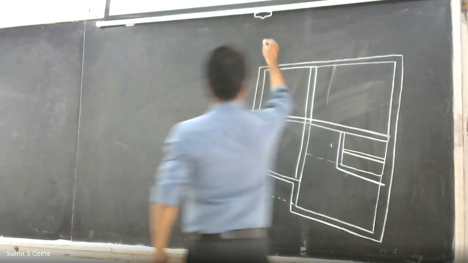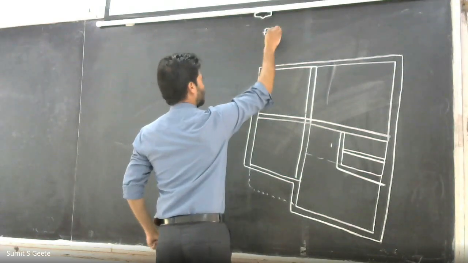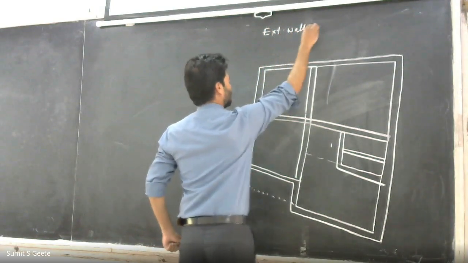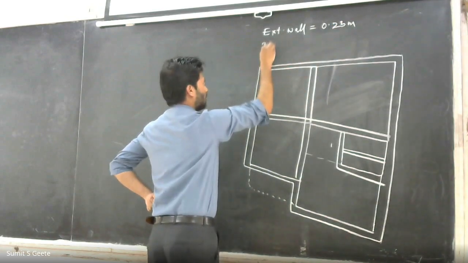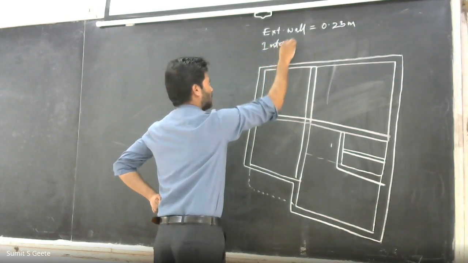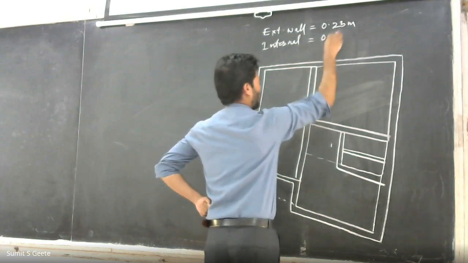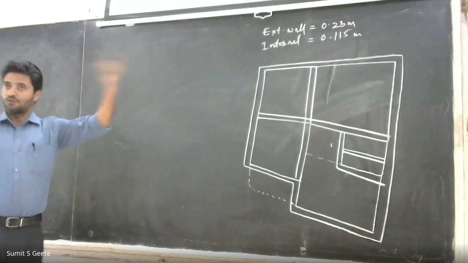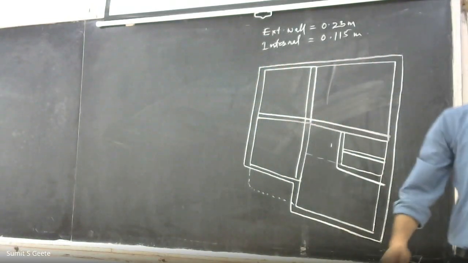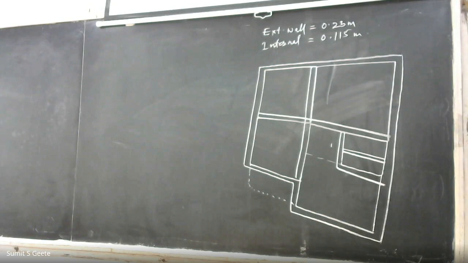So external wall, it is 0.23 meter. Internal wall, it is 0.115 meter. Whereas in case of load bearing structure, we consider the thickness, I suppose, as 0.4, right? The thickness is more in case of load bearing structure, but in this case the thickness is less.